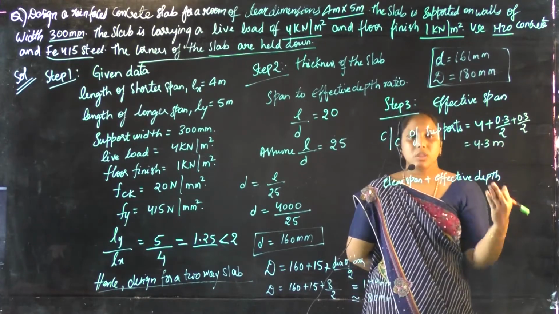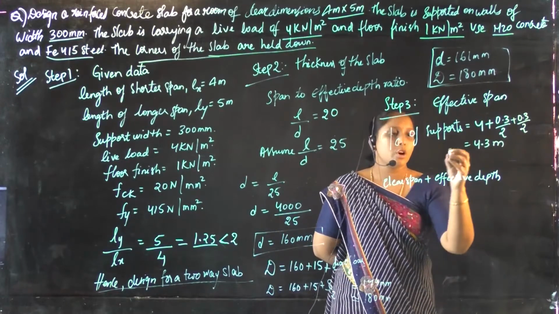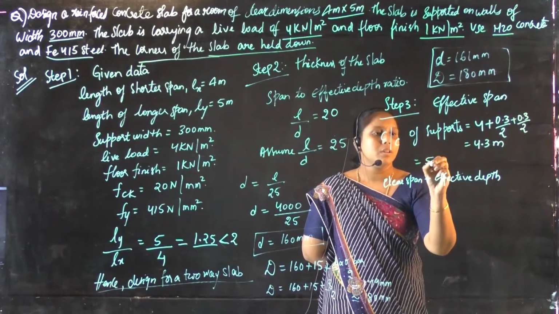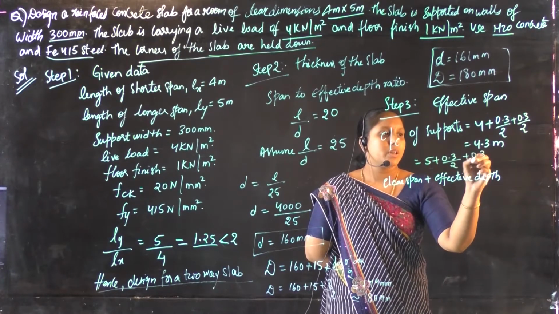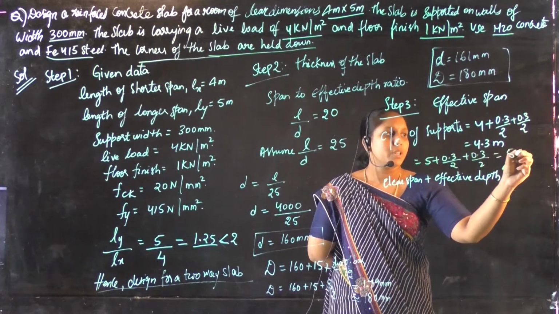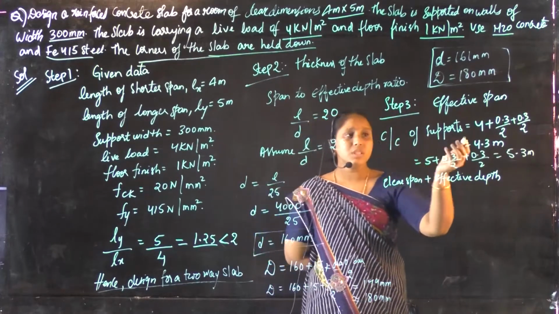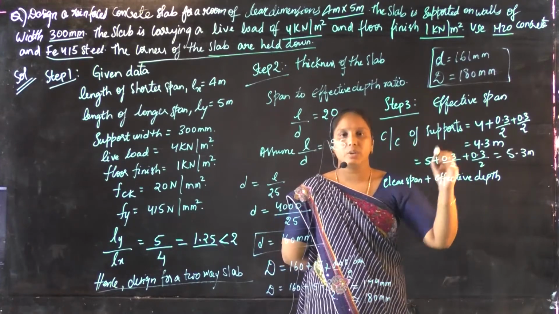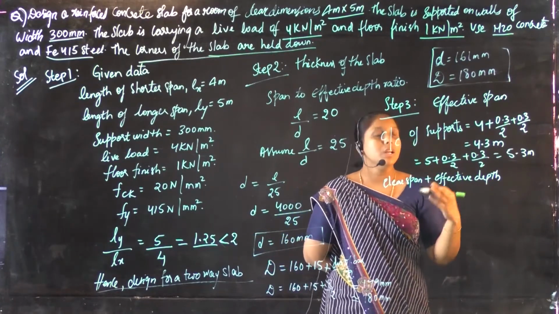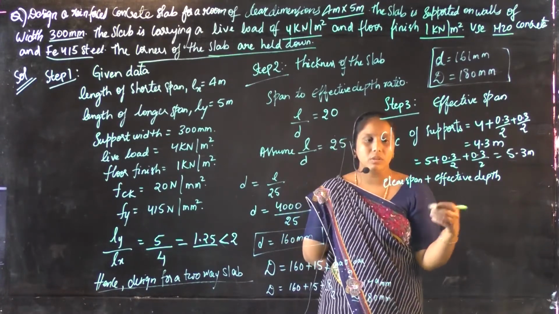This will be along the shorter span. In a similar way, for the longer span, it will be 5 plus 0.3 divided by 2 plus 0.3 divided by 2, which will give you 5.3 meters. This will be along the longer span. So this is the effective span considering the center to center of supports. In a similar way, let us calculate the effective span considering the clear span plus the effective depth.